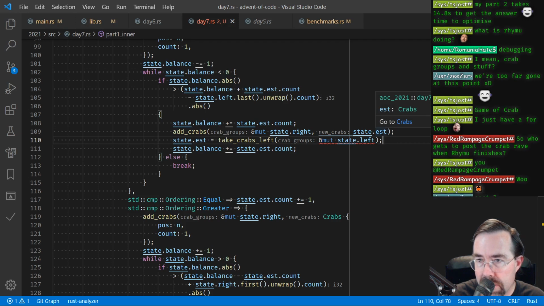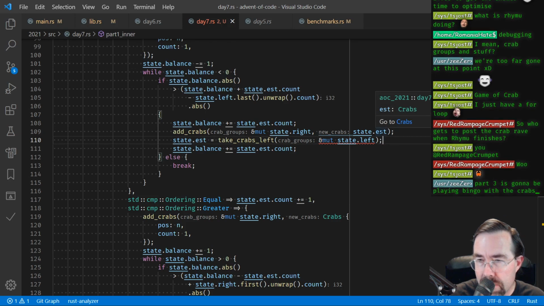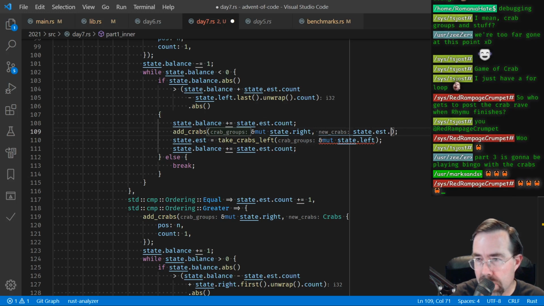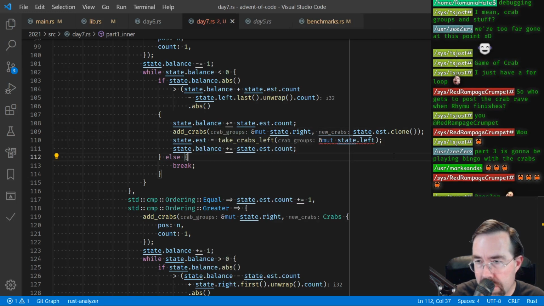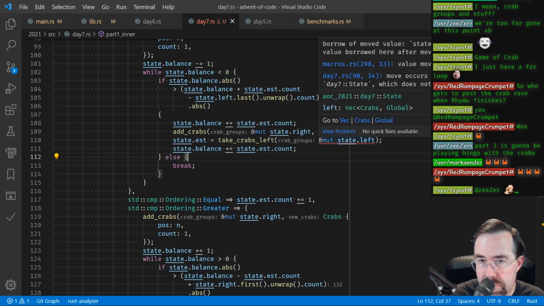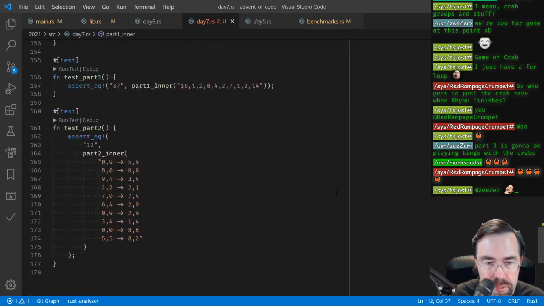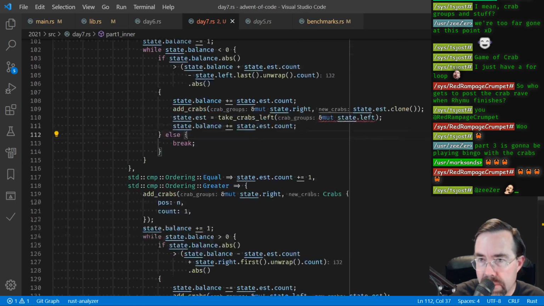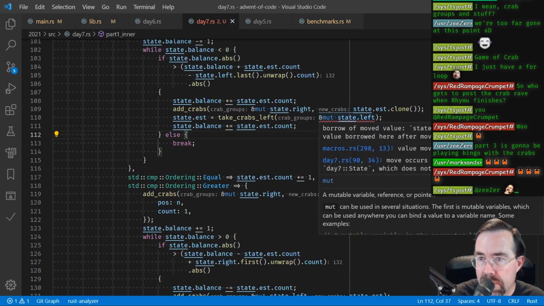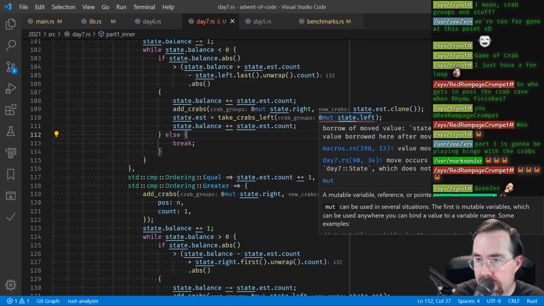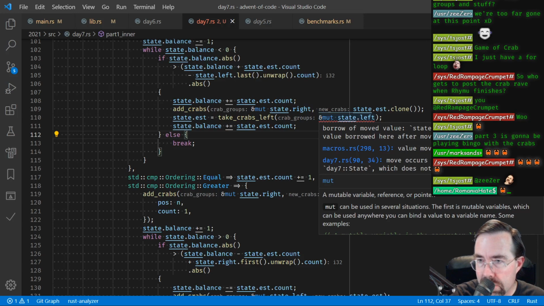Why? Okay, clone then? Why is state moved? Which line is it moved on? 298? What? Well, hold on. I'm not reading that right. It's moved in some kind of macro.